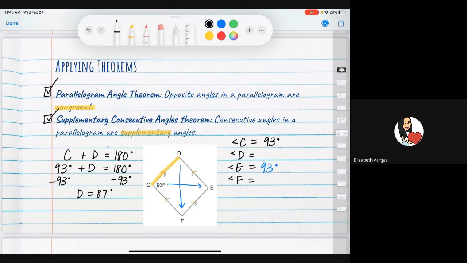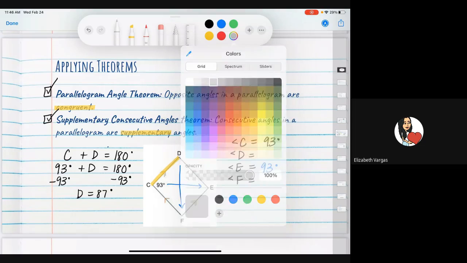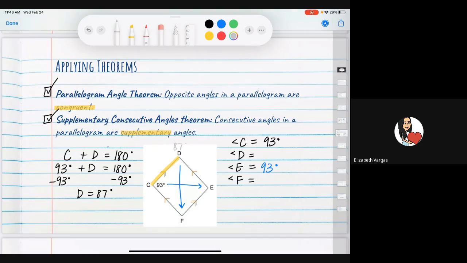Okay, so now that I know D is equal to 87, I can put that here. And how can I go ahead and find F? Well, F is the opposite angle of D, which means it's congruent. So F would also be 87.